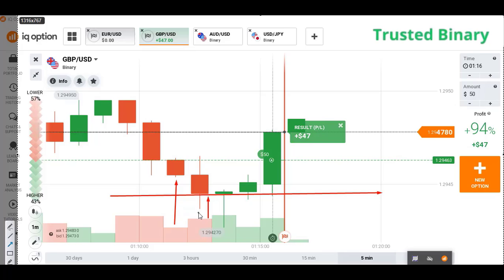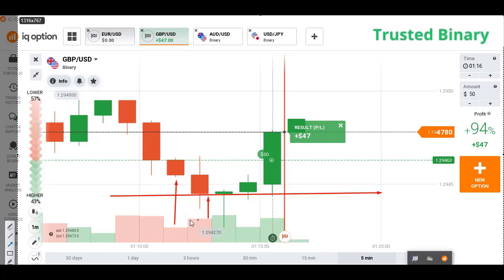When at a support level, the strong rejection from these buyers, buyers already entered in this candle, that's why the volume increased. The volume increased from the buyer side, higher than the previous candle's volume.